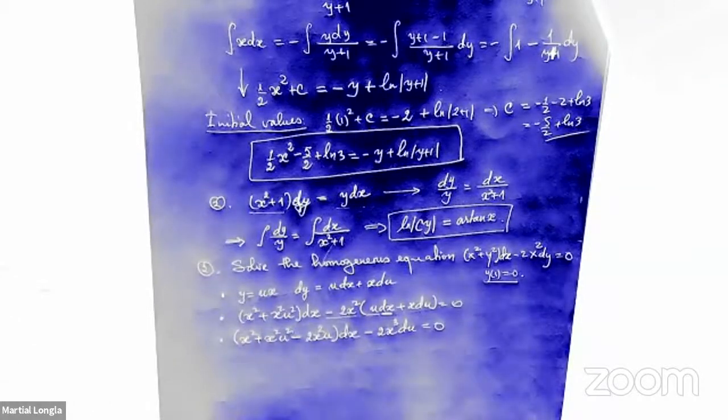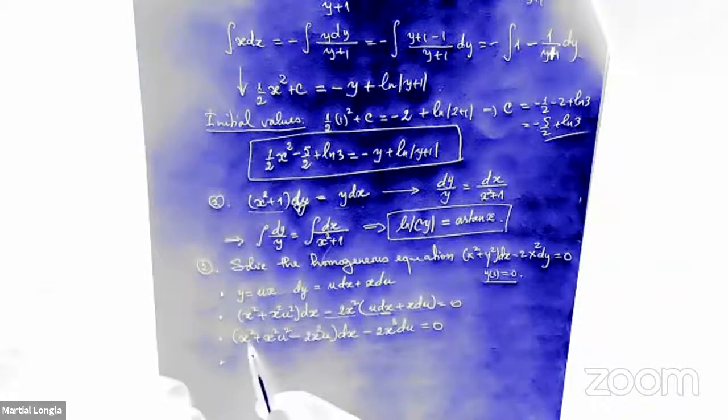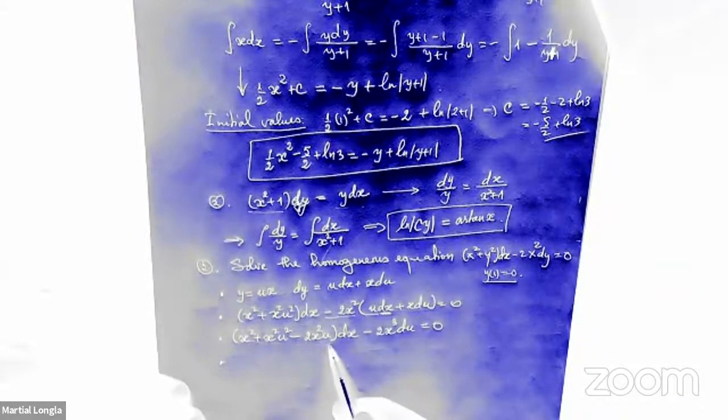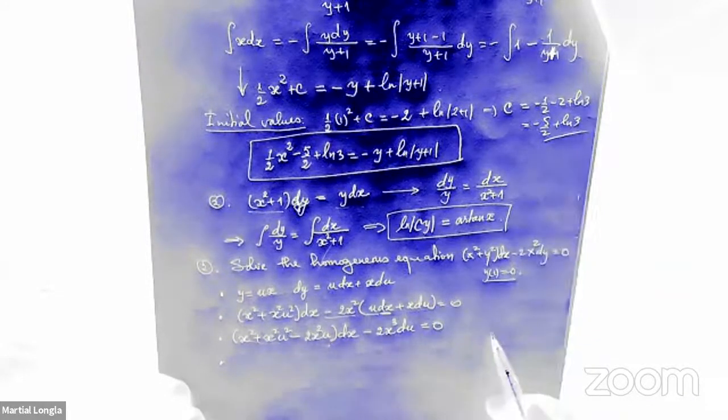The lecture says that when you get to this step, what you get is a separable equation, so you need to separate the variables: get the x's on one side and the u's on the other. Here you can see you have x squared as a common factor, so you can divide the whole thing by x squared.